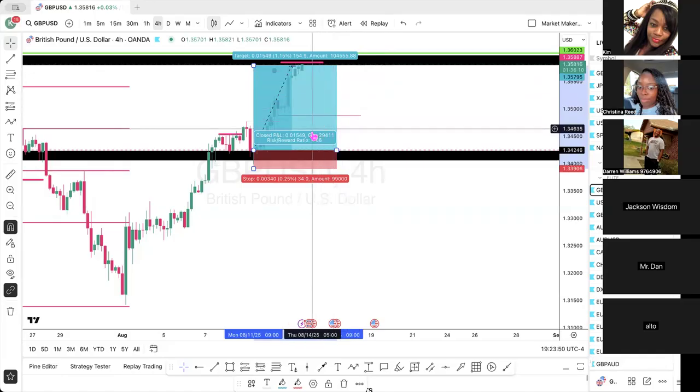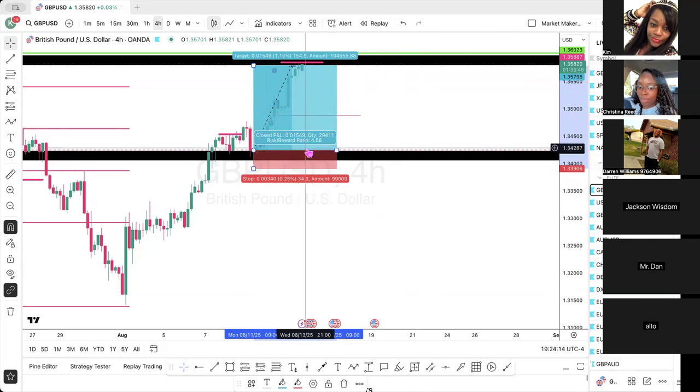But he trades from one zone to the next. As soon as he gets to support, he's buying. If it gets to resistance, he's selling. He doesn't care anything about structure, which is horrible. I can't. I just no. Nope, nope, nope.